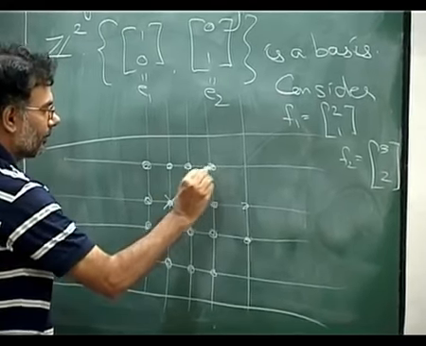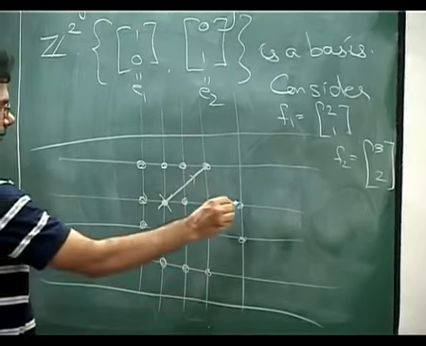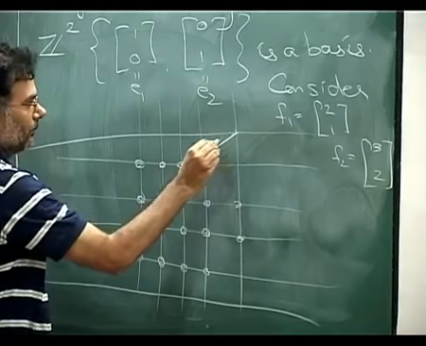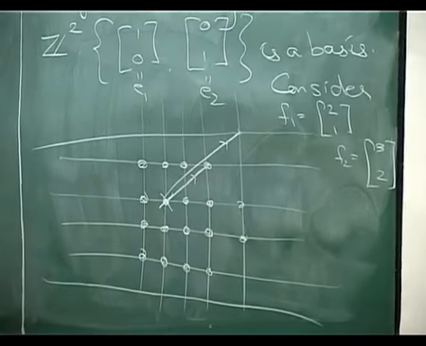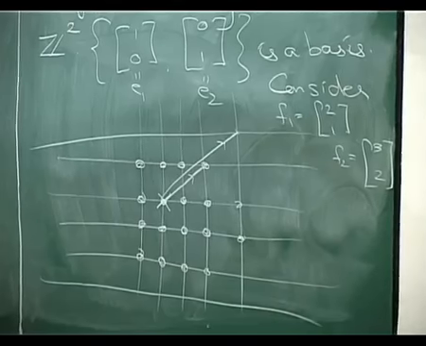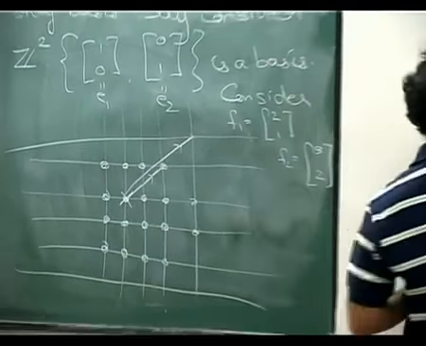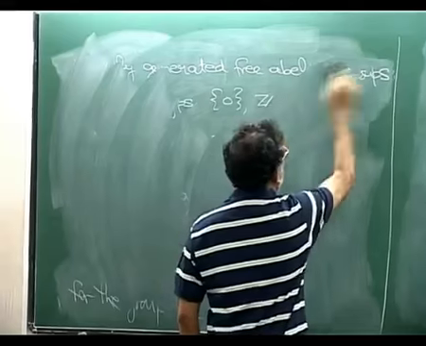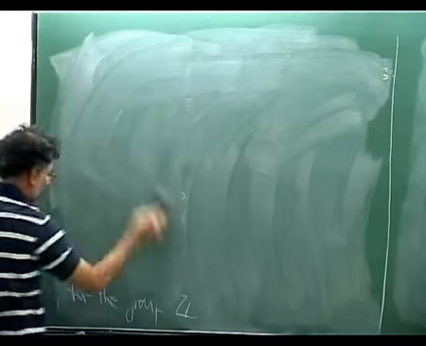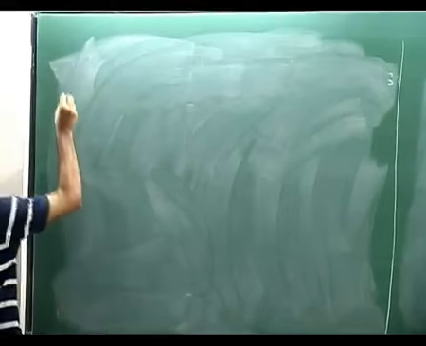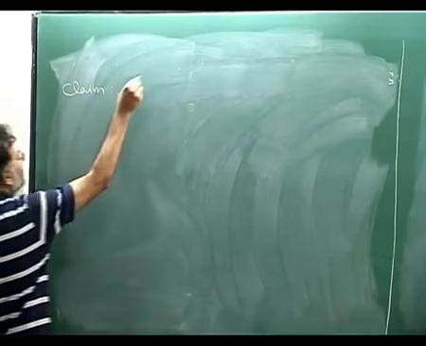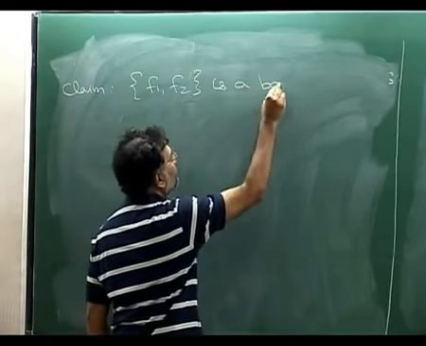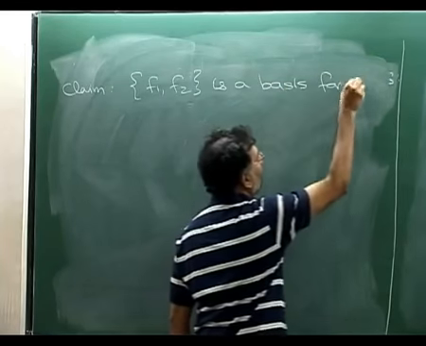It's this, and (3, 2) is that. I claim that this is also a basis. So my claim is the set F1, F2 is a basis for Z2.